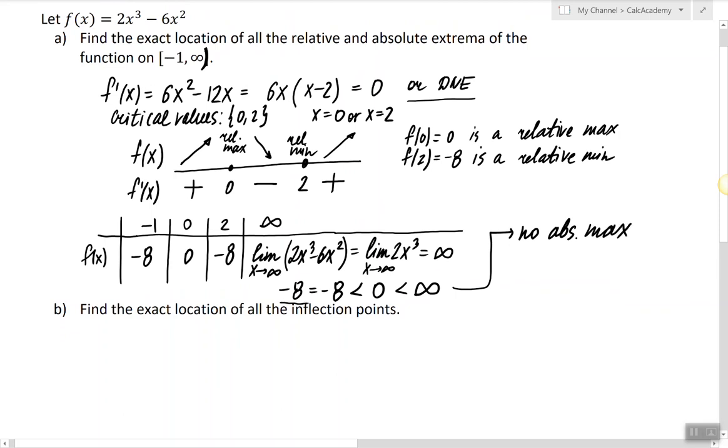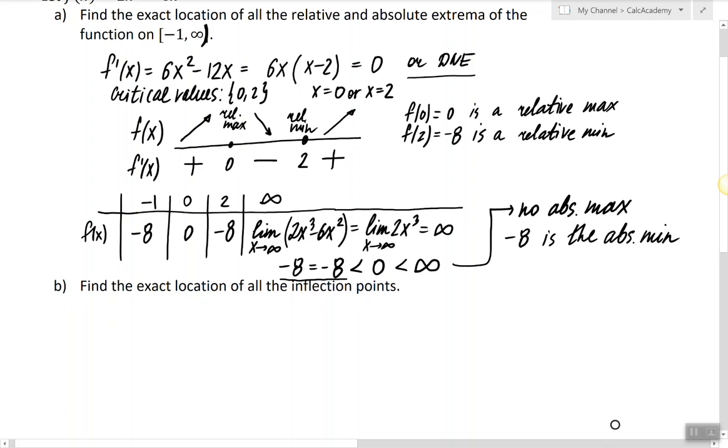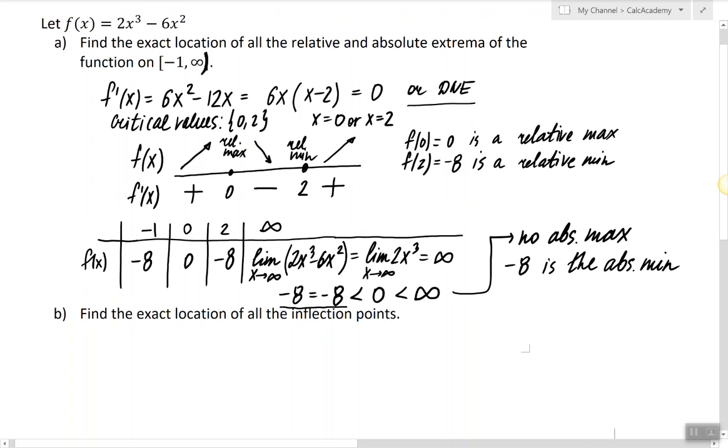But we have one absolute min, which is -8, which is obtained by the function at two different points, f of -1 and f of 2. So the absolute min is -8, but it happens at two different points. So this is how we use the first derivative to find the relative and absolute extrema values.